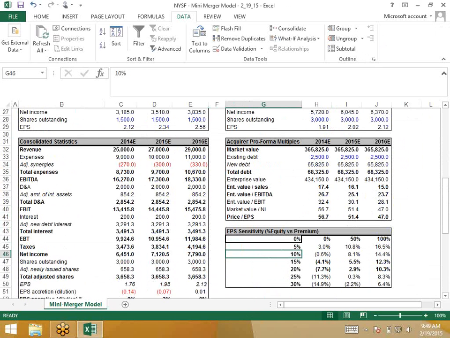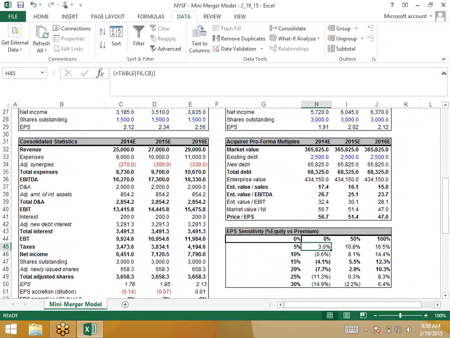If you increase from 5 to 10, 15, 20, 25, 30, it becomes more dilutive. Does that make sense? Yes. Why? And then how does that impact the dilution? Paying more, which is affecting the dilution how? Issue more shares, and what else? More interest expense. Right? That's really what's impacting the dilution.